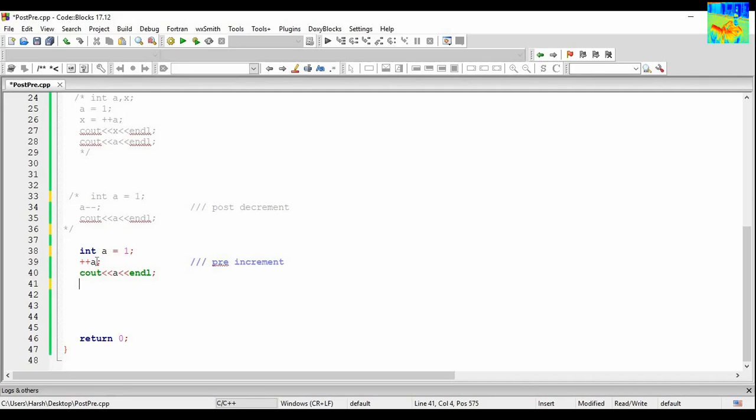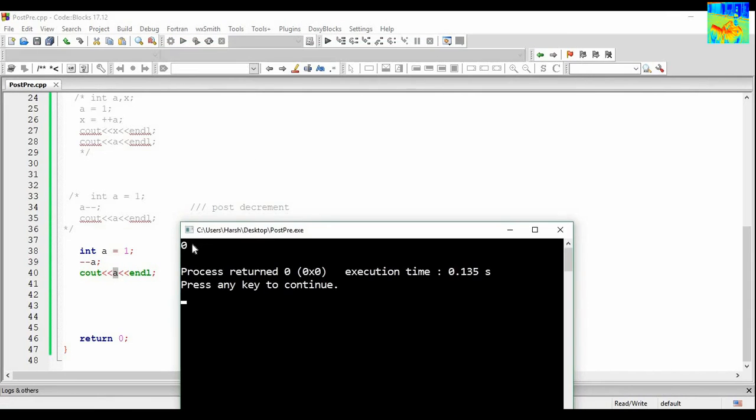The only change that I am going to make is minus minus a. Here it was a minus minus, now it is minus minus a, and it is pre-decrement. So what will happen? The value of a is 1, the value of a will be decremented, the new value of a will become 0, and 0 is getting printed.